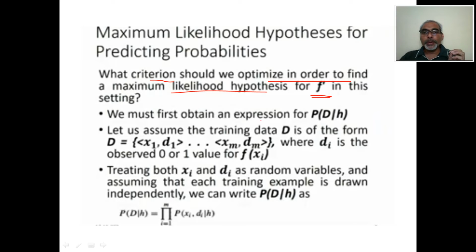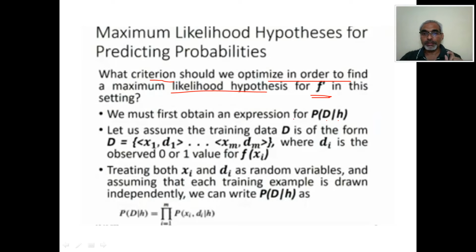We must first obtain an expression for the probability, that is the posterior probability of D given h. For all the data set you are having, what is your hypothesis? The survival rate 92%, what we are saying. A new patient comes, so whether f of x is equal to 1 or f of x equal to 0, that hypothesis is there.